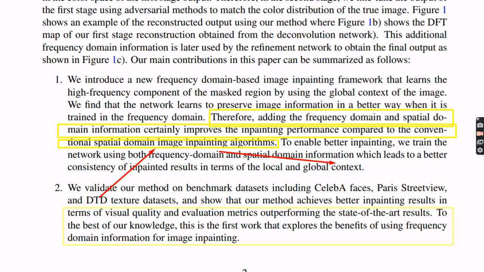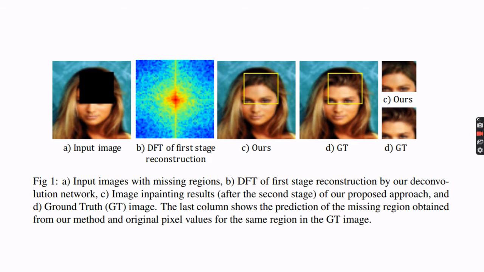In this work, we explore the effects of frequency domain information in image inpainting, and also what neural style transfer could have done for the global context of the image regeneration. This is where they are effectively using the FFT, the ground truth of the images, and getting that information.